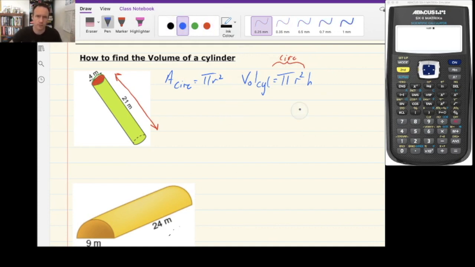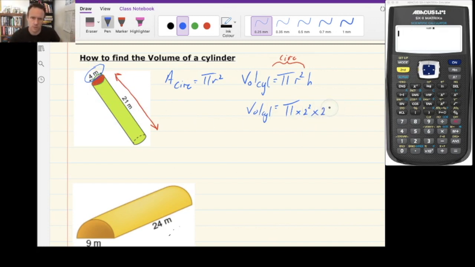So all we need to do now is take that equation and substitute in the values. So volume of a cylinder is equal to pi r squared here. The diameter is 4, so the radius is half of that, which is 2. So 2 squared, and the height is 21.